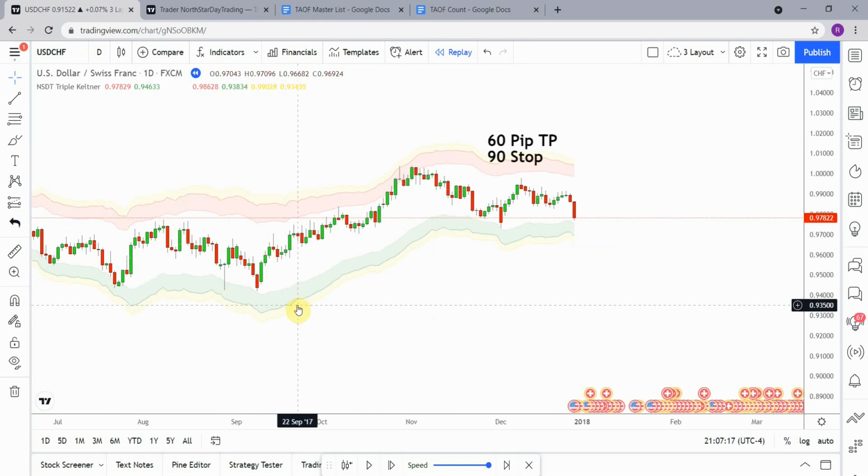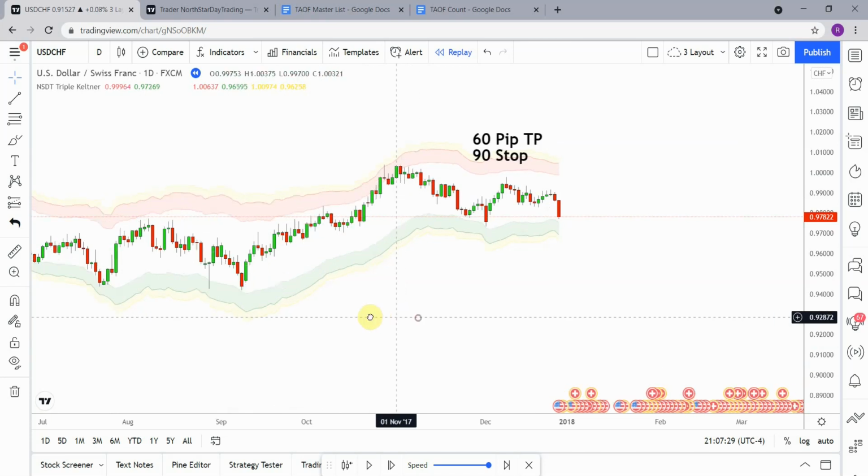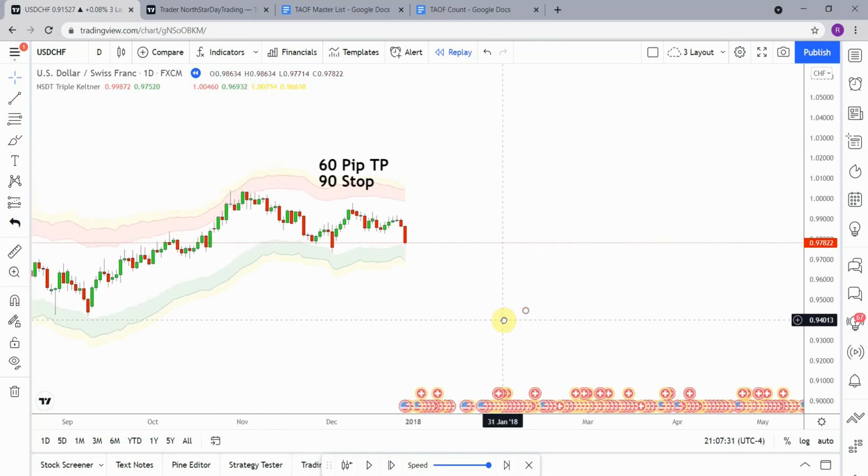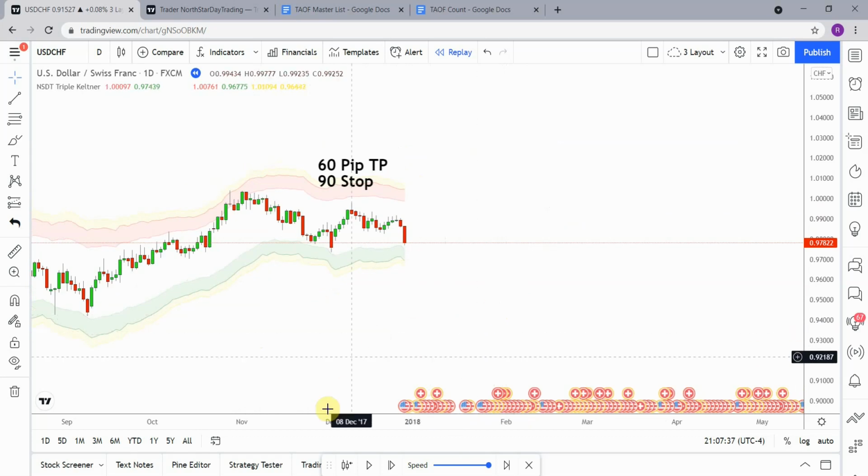So if it closes in the yellow to the downside, then we are going to go short. If it closes in the yellow to the upside, then we are going to go long. That's how we are going to test it today. Let's go ahead and get on with the testing and see what we can get out of this.